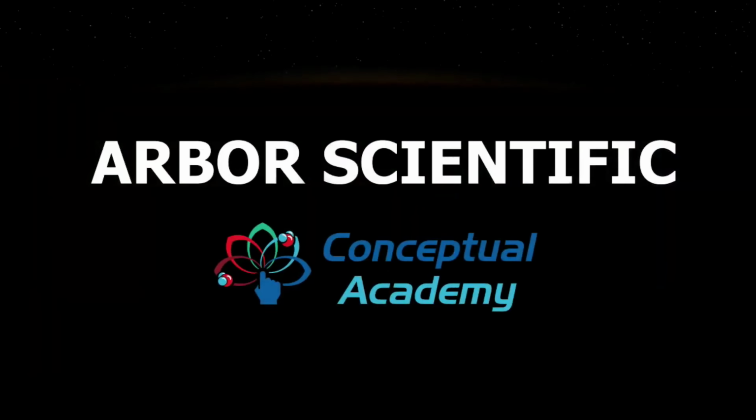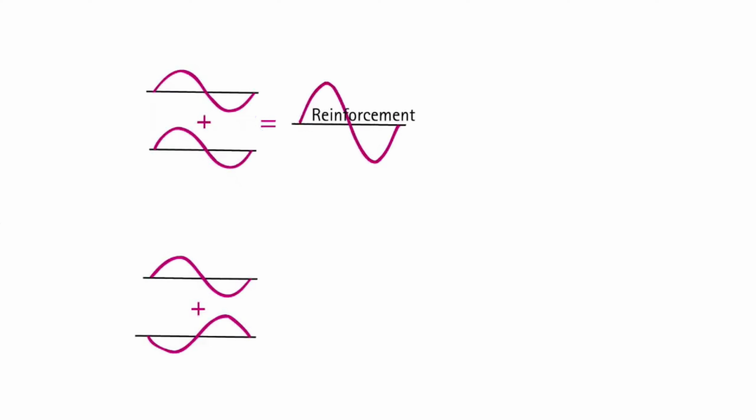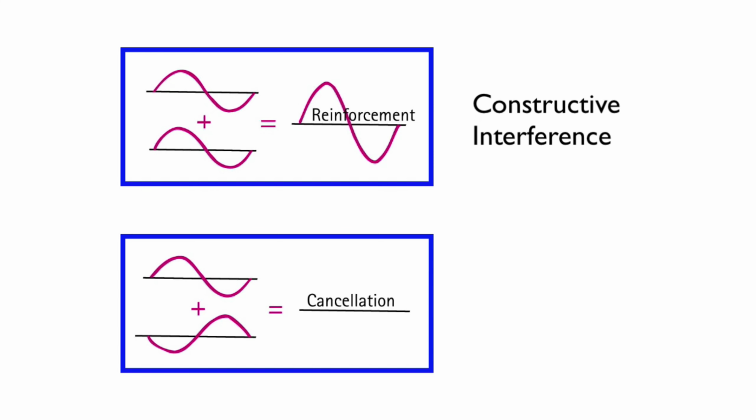Waves can overlap. When that happens, the highs and the lows can build upon each other. Or they can align in such a way that they balance each other out. When they build upon each other, this is called constructive interference. When they balance each other out, this is called destructive interference. Let's look at what happens step by step when two waves travel through each other.